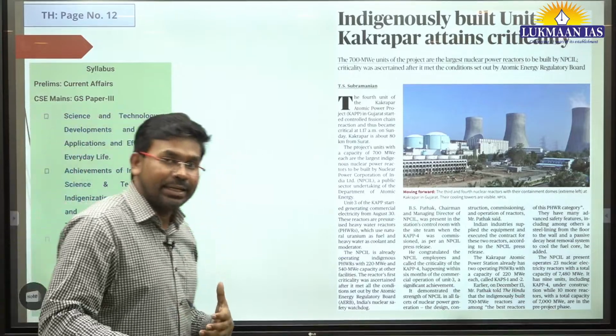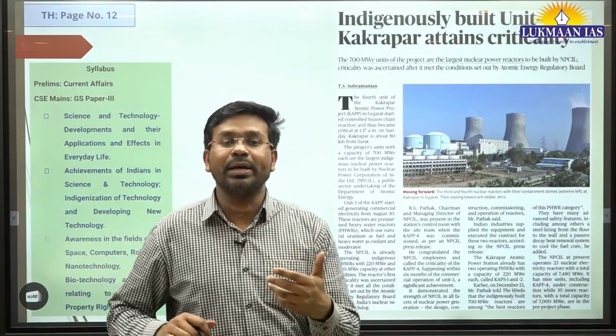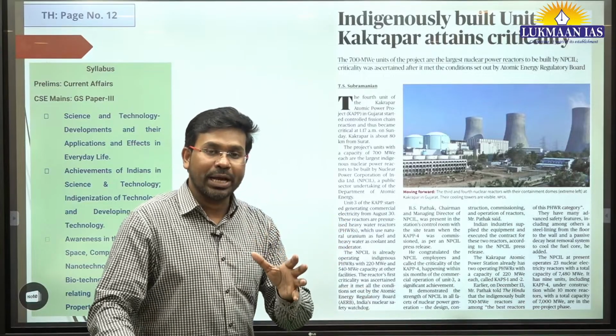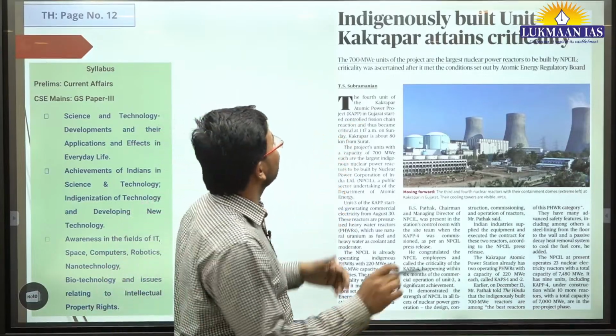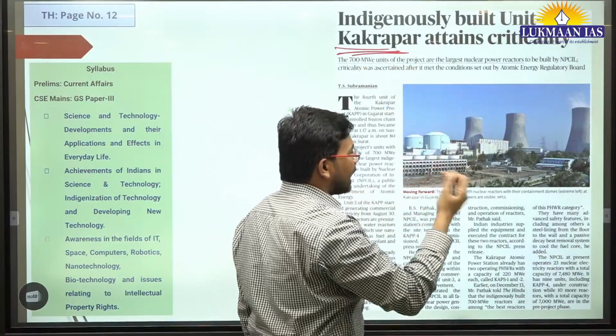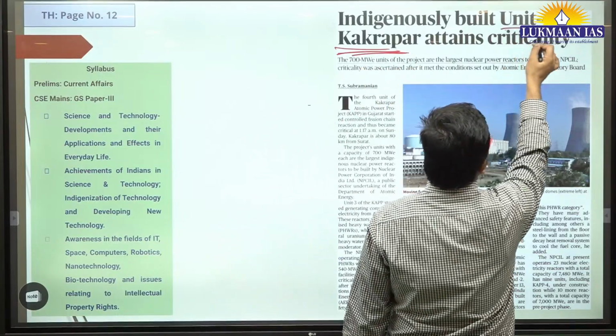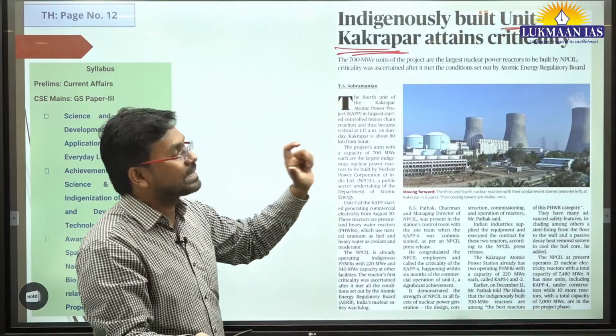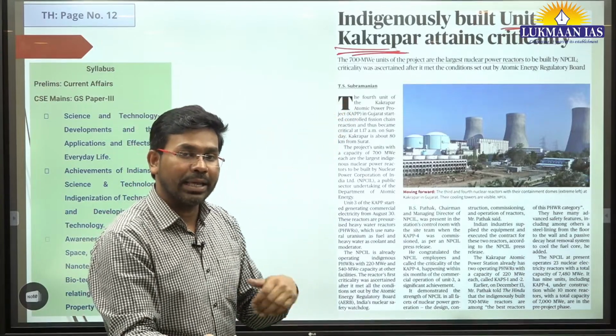This article is related to development of nuclear power capacity in India. So in India, in Gujarat, we have the Kakrapar nuclear power station. In Kakrapar nuclear power station, they have been building Unit 3 and Unit 4. And Unit 4 has recently become operational.